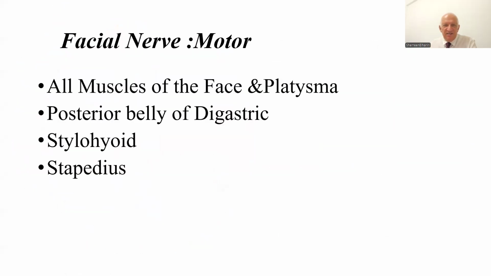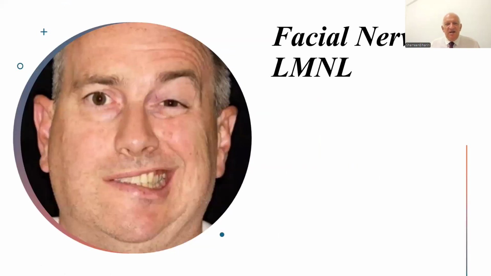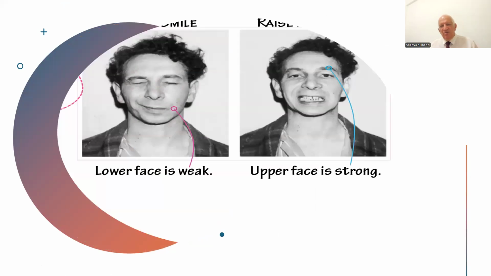After that, he asks again about the muscles supplied by the facial nerve: all muscles of facial expression, posterior belly of digastric, stylohyoid. After that, he asks how to differentiate between upper and lower motor neuron lesion. If the patient is able to elevate his eyebrow and close his eye, it is upper.